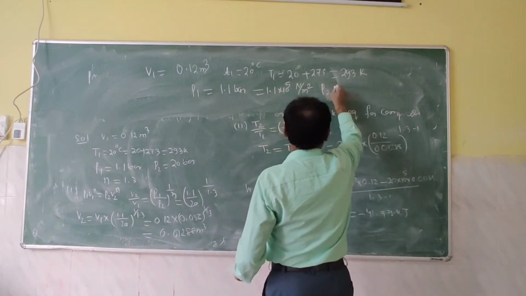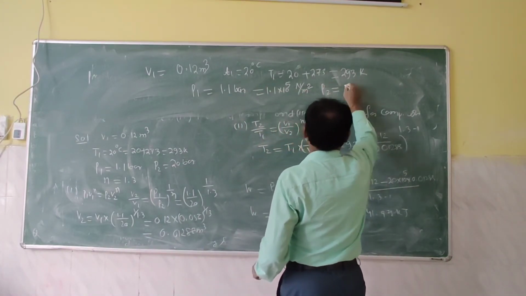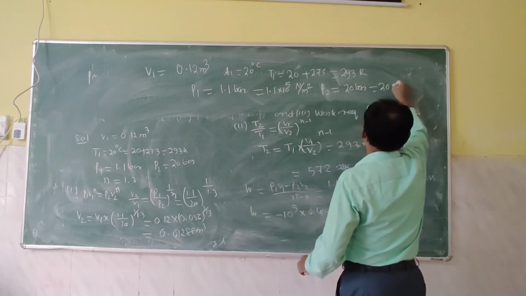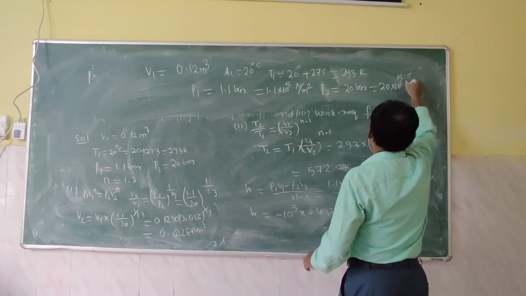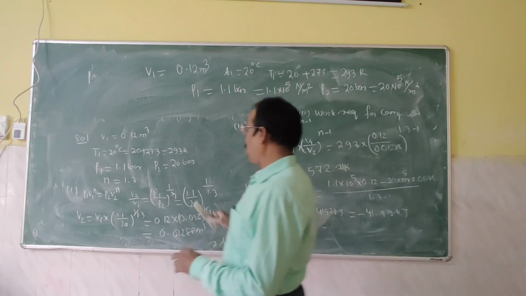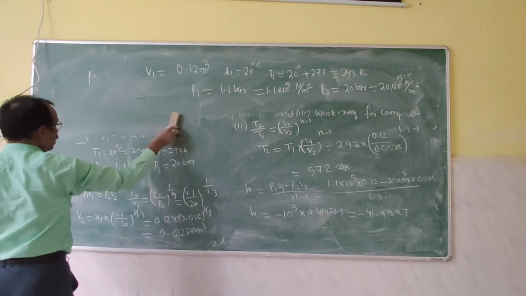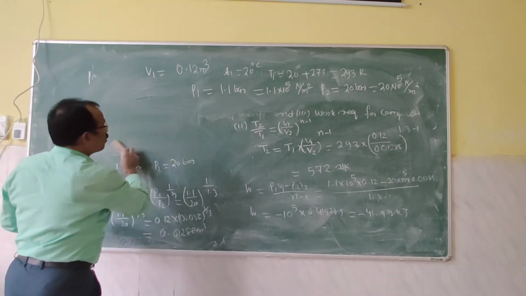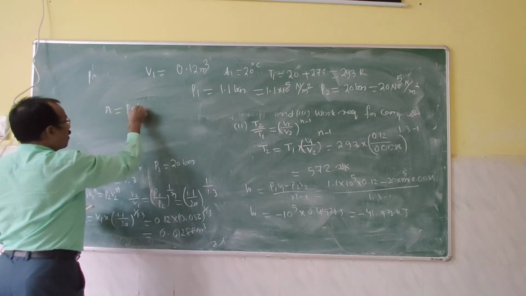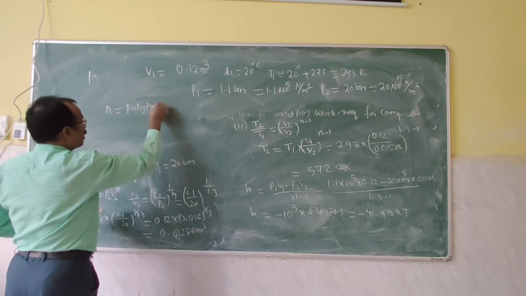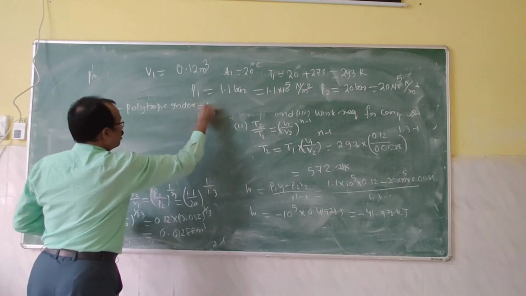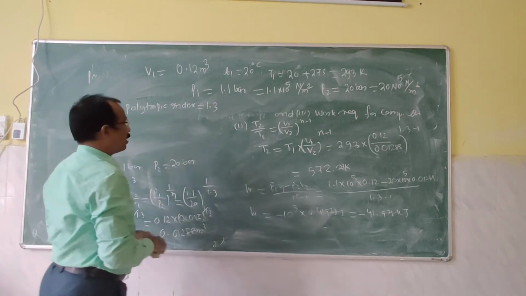Then P2 final pressure is equal to 20 bar is equal to 20 into 10 to the 5 Newton per meter square. And polytropic index n is equal to 1.3, given.